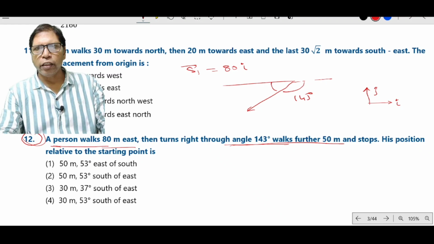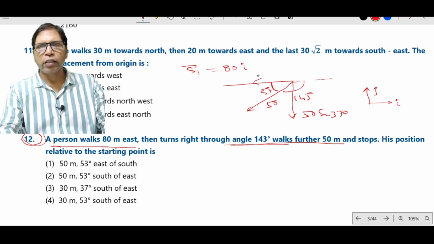So this angle is 180 minus 143, so this is 37 degree. Now the component of 50 along the south is 50 sin 37 degree, and along west is 50 cos 37 degree.